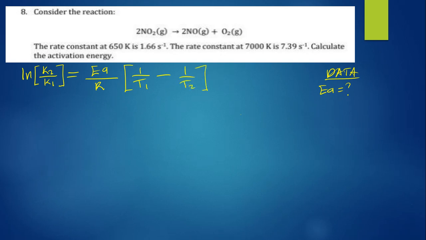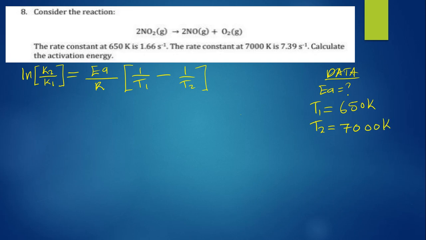And then from the data given, we can come up with our data. Our initial temperature, T1, according to the information given there, is 650 Kelvin. The final temperature, T2, is 7000 Kelvin.